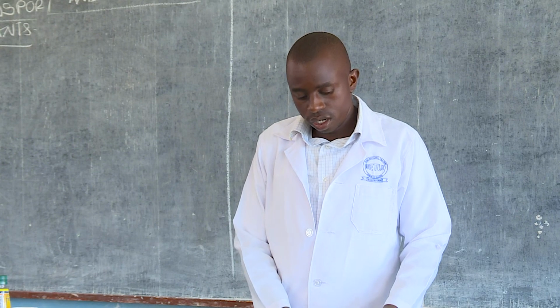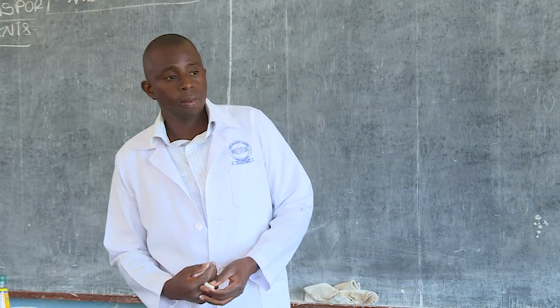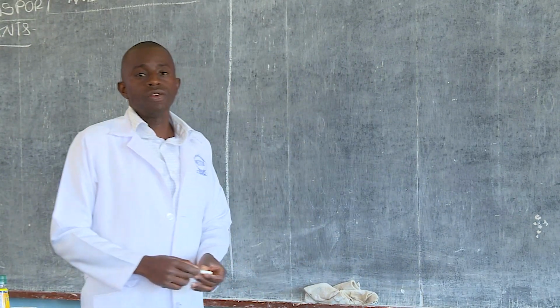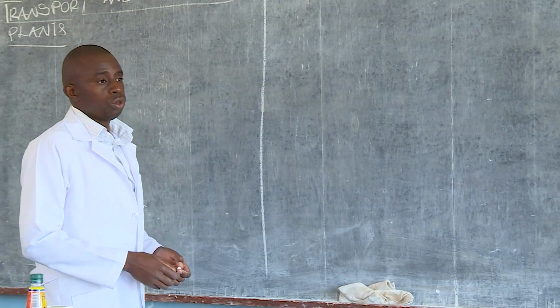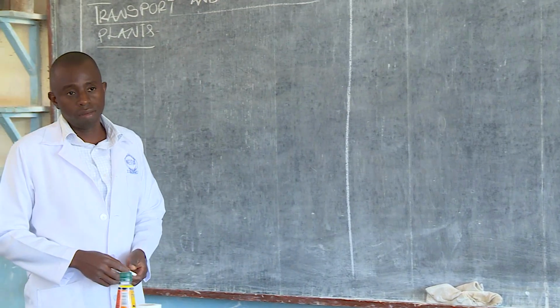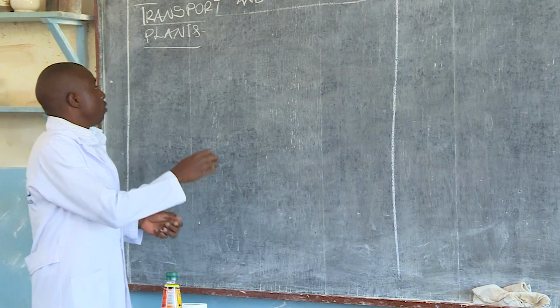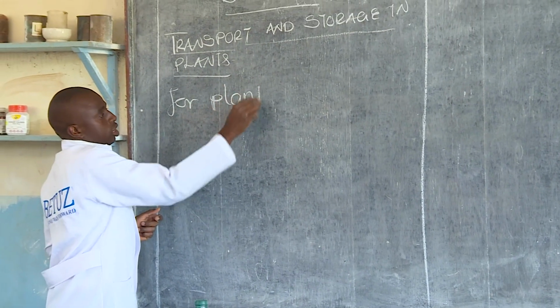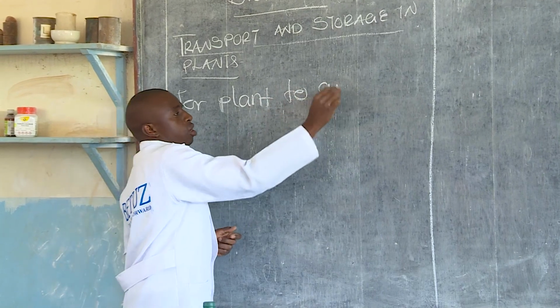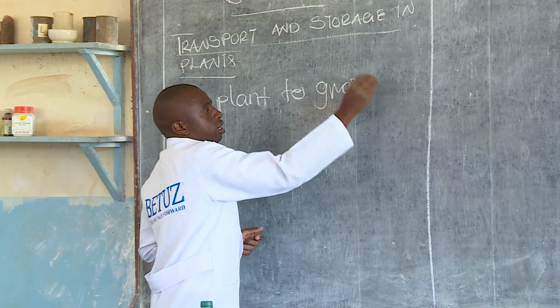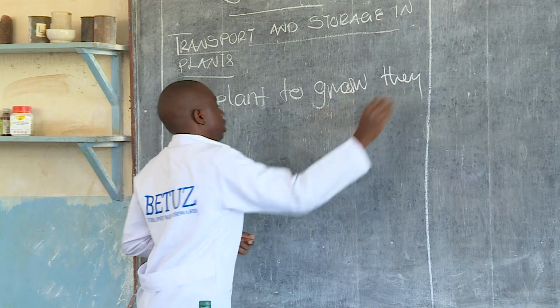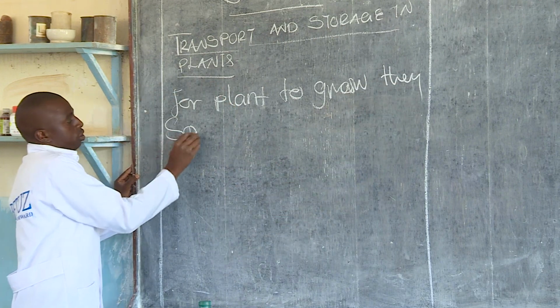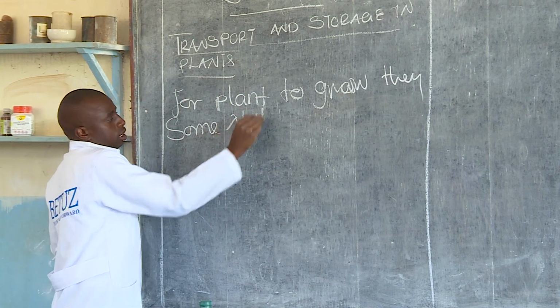When we look at plants, this is one of the living organisms which is supposed to help in the ecosystem. Hence, for plants to grow, they need some nutrients.